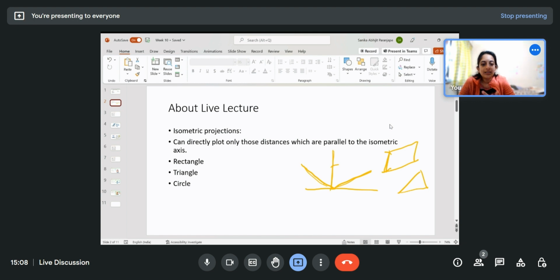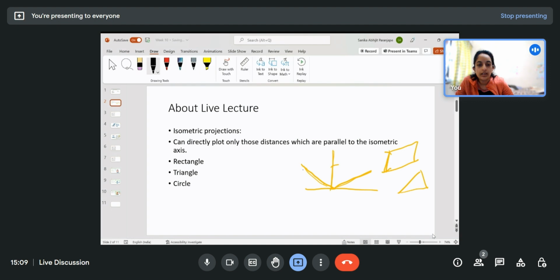So let us today also try to solve an isometric problem. Just for revision, I will remind you that for drawing the isometric view of a 3D object, all you need to remember is that the isometric axes are as shown here.